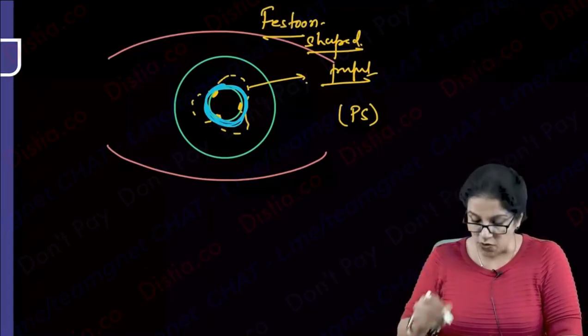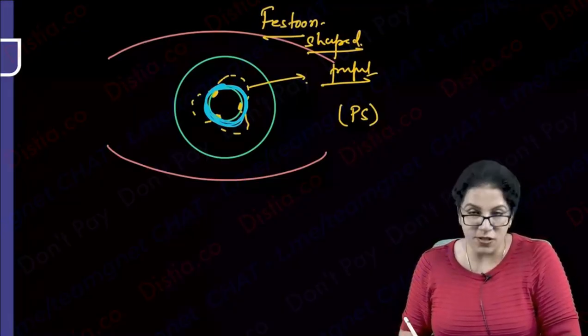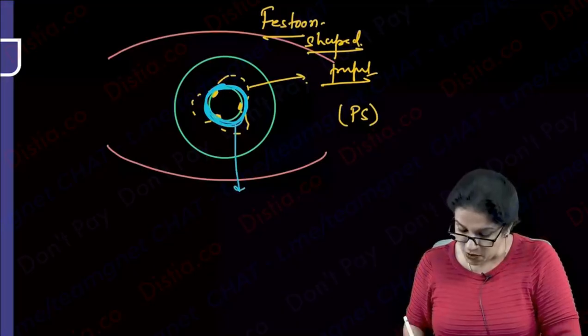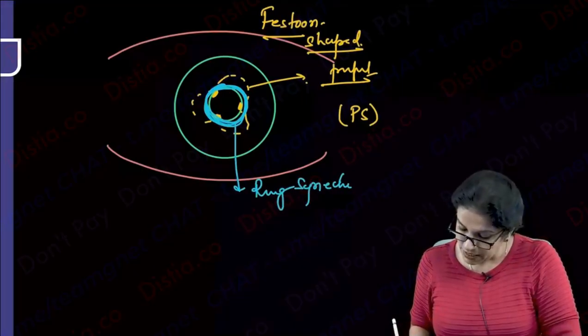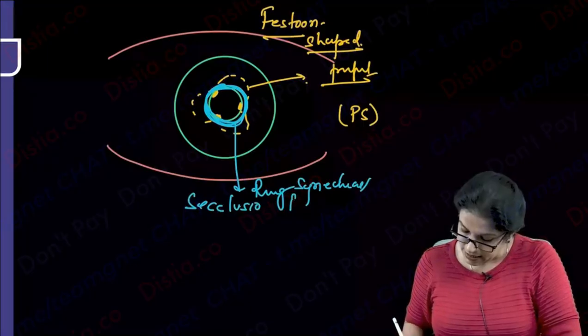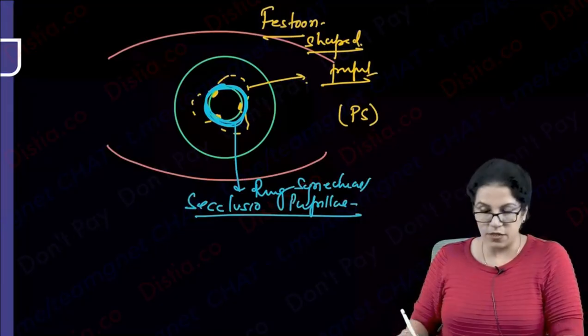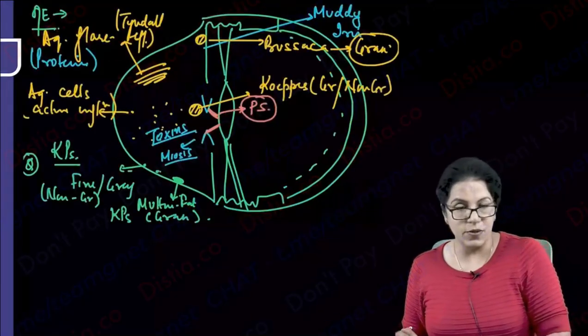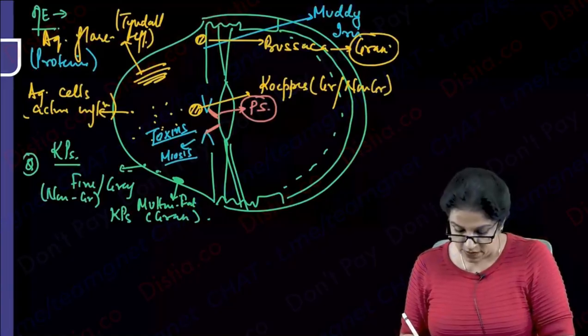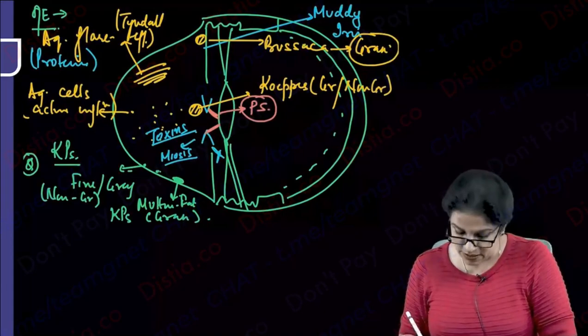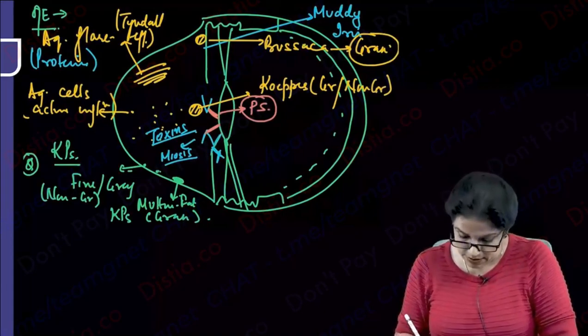First of all, this whole adhesion along the pupillary border is what we call ring synechia. The other name of ring synechia is seclusio pupilli. It is also called seclusio pupilli. So this ring synechia or seclusio pupilli, what is it going to lead to? Think yourself. Aqueous cannot flow anteriorly now because of this pupillary block, isn't it?